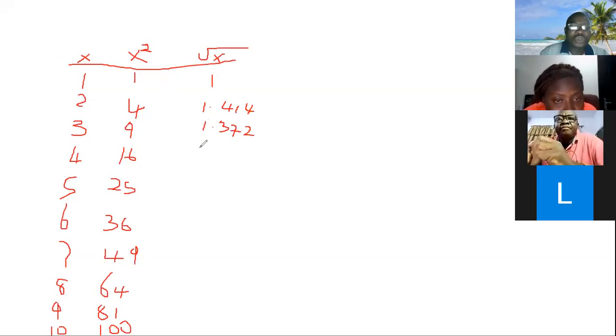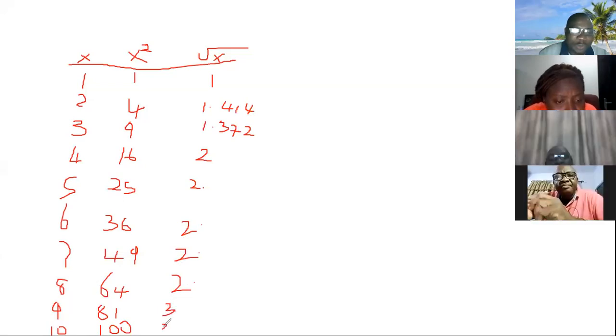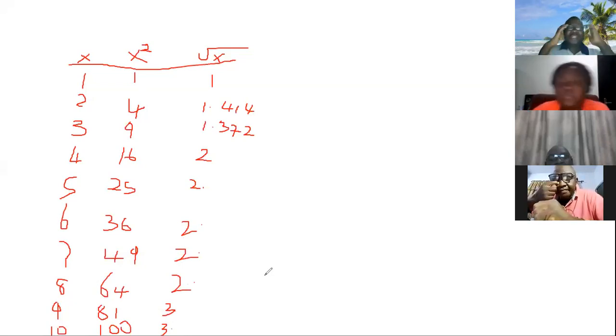Then this will be 2, and the next ones will be 2 point something, 2 point something, and almost 3, then 3 point something.